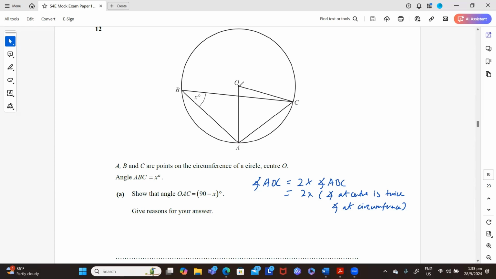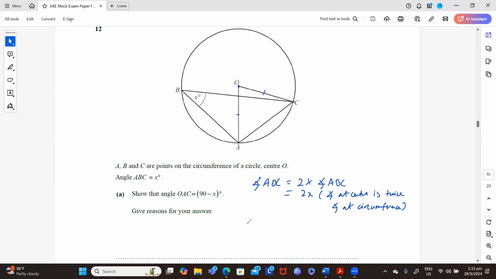Okay, so from the center, you draw a line to the circumference. From the center, you also draw another line to the circumference at C, right? So these two lines are radii, creating a triangle OAC, which is an isosceles triangle.